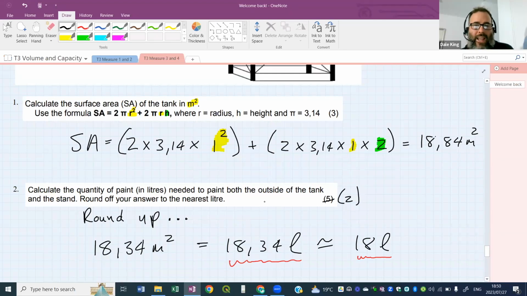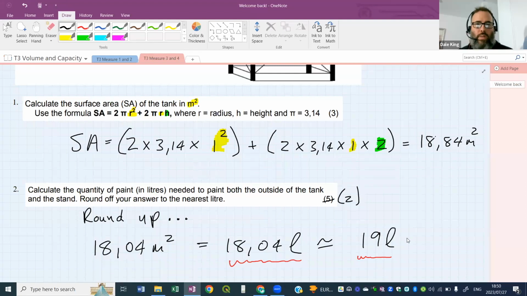Even if this number here was 18,04, and you round down to 18, you still don't have enough. Even if it's 18,04 and they say round up, you should still go to 19 liters. I know you'll have a little bit of paint extra, but you'll finish the job.